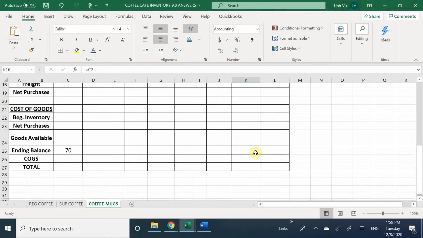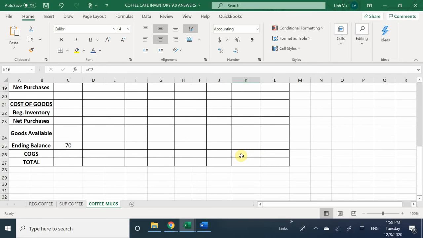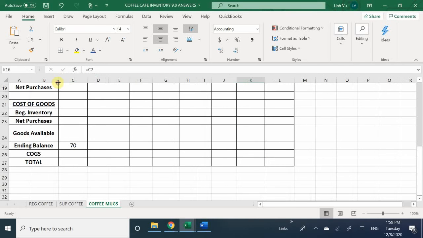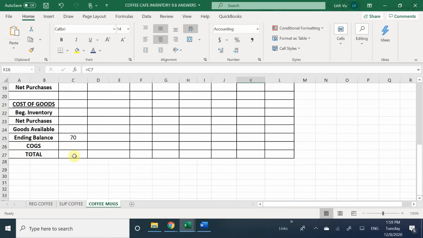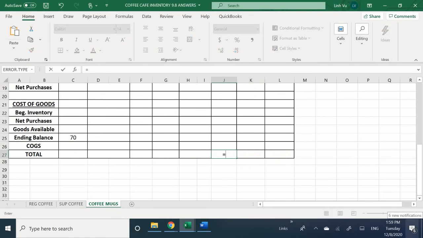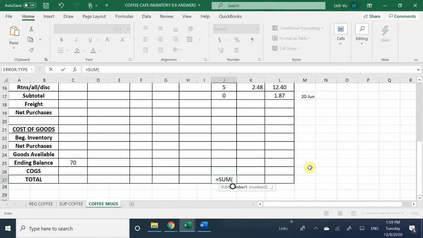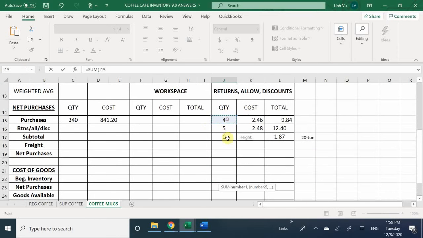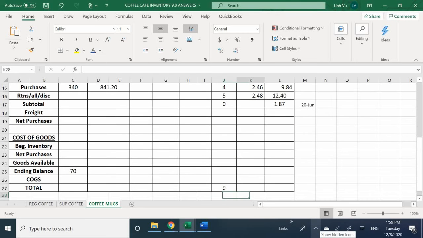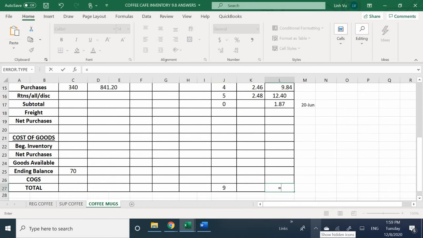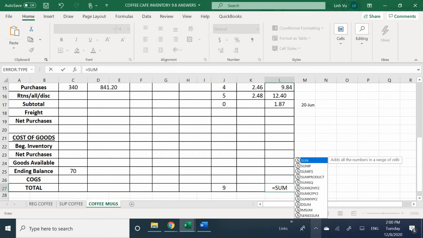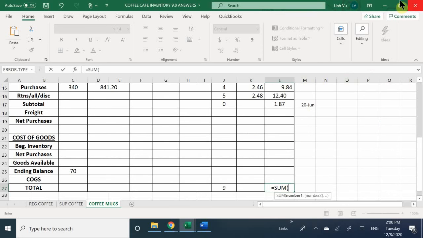Let's sum up this column right here so we can complete this. At the very bottom I have total here, so I'm just going to equal sum my total. What's my total returns? 9. And what's the amount of my total returns and allowances cost? $24.11.